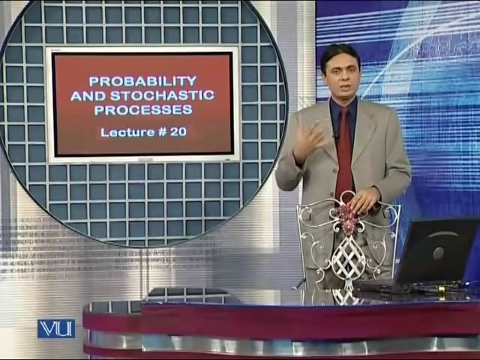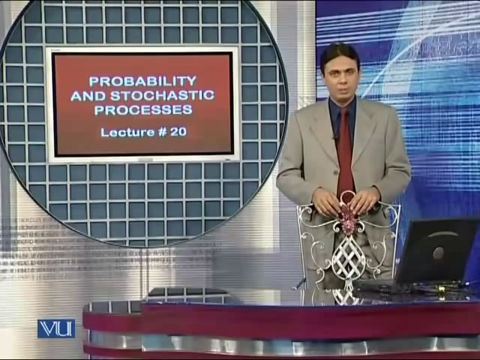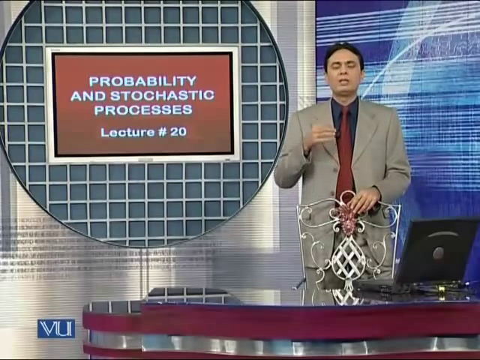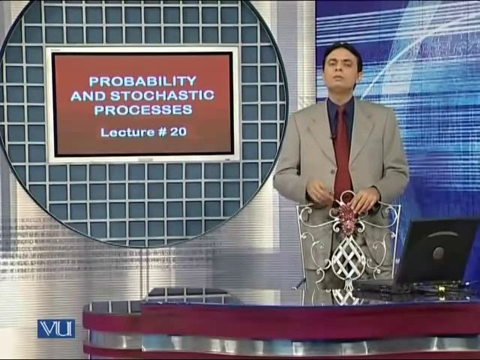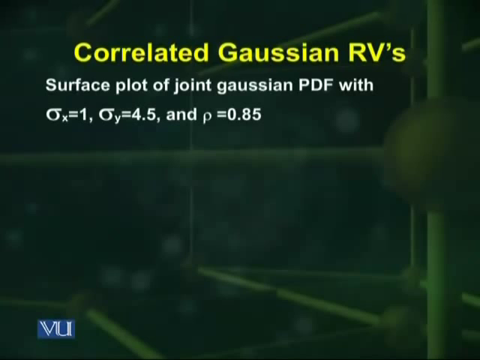We actually intentionally made these two random variables dependent on each other by having a positive value of rho, the correlation coefficient. For this particular graph, I have used sigma x to be 1, sigma y, which is the standard deviation of y, to be 4.5, and a correlation coefficient of 0.85.